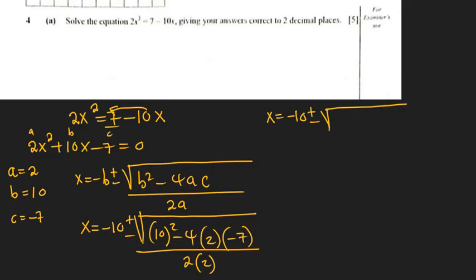So open bracket, 10 to the power 2, it's 100, minus 4 times 2 times minus 7. Punch everything at the same time. 10 power 2 is 10 times 10, right? Punch everything on the calculator, from here up to here.